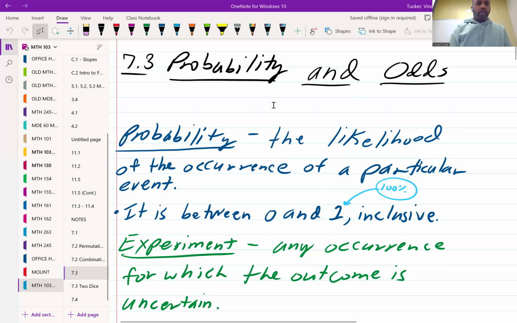Everybody's doing well. So today we're looking at 7.3, probability and odds. All right, so probability and odds.